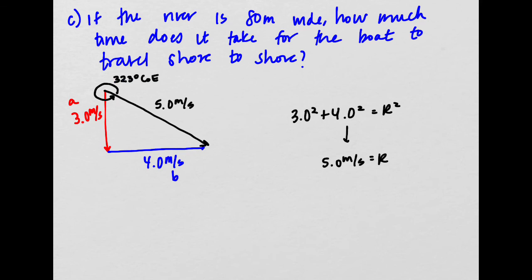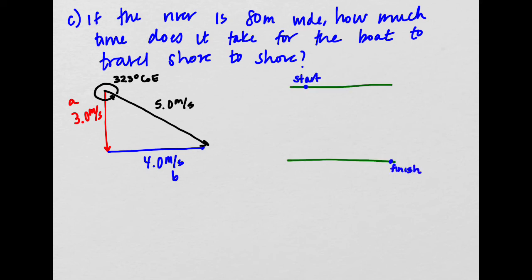Okay, so that was B, and now C says that if the river is 80 meters wide, how much time does it take for the boat to travel shore to shore? This is where it gets kind of tricky. So we have to draw a diagram like this. We have the boat starting here at the start and finishing here at the finish. This speed here is the resultant.